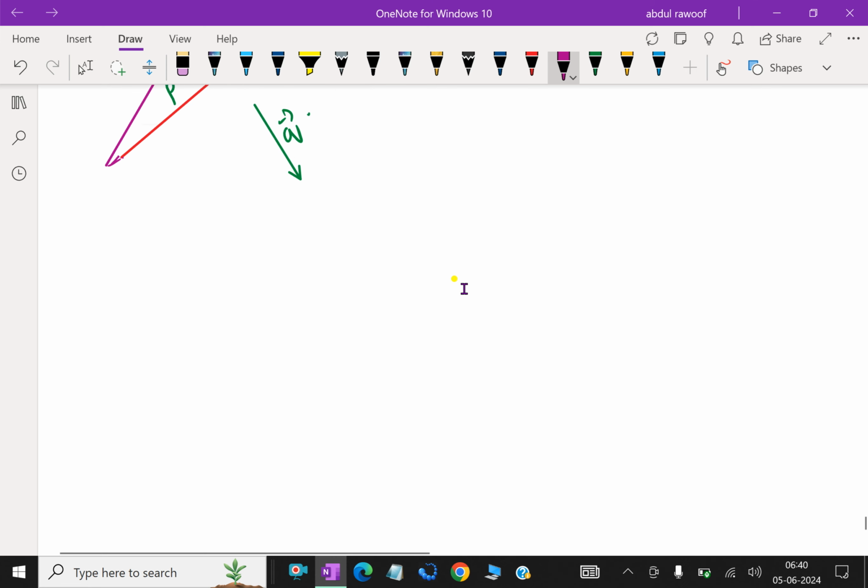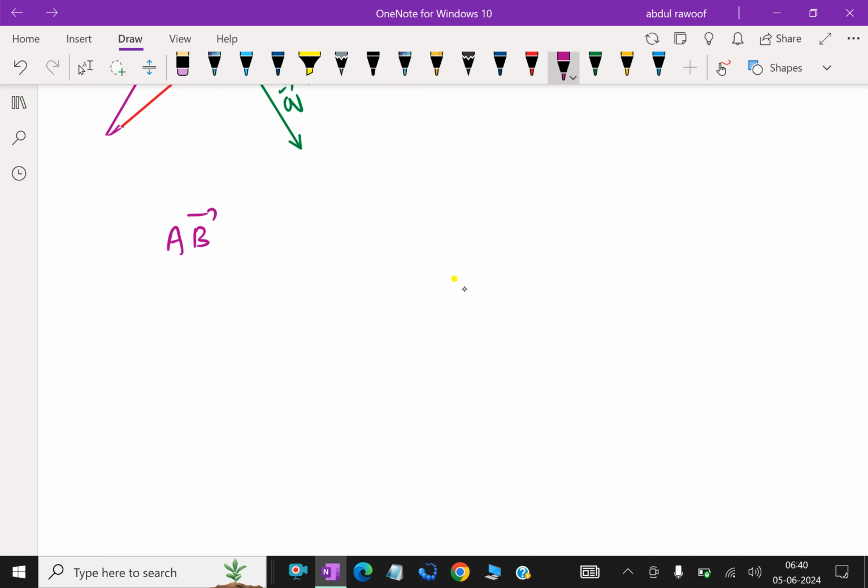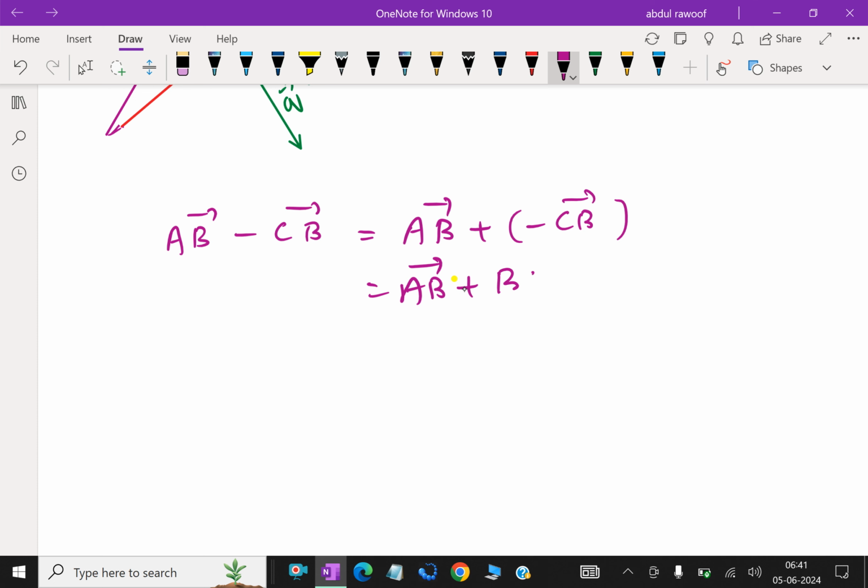Here, one more example, vector AB minus vector CB. How to do this? It is nothing but vector AB plus the negative vector of CB, which can be written as vector BC.